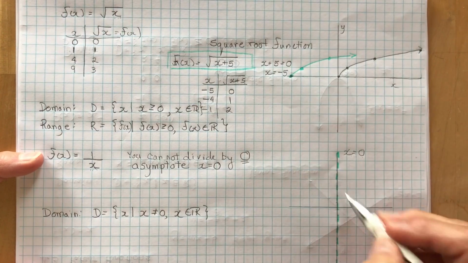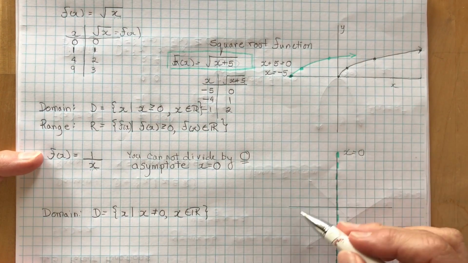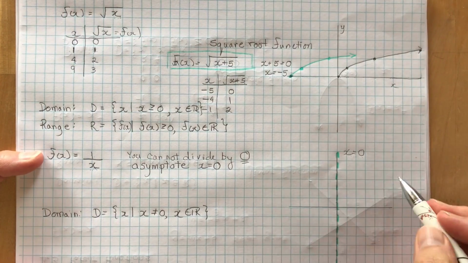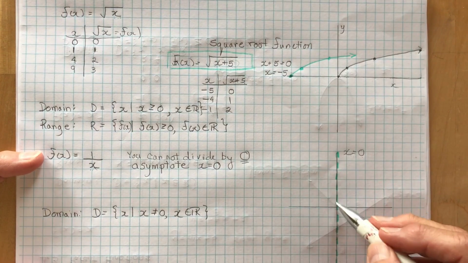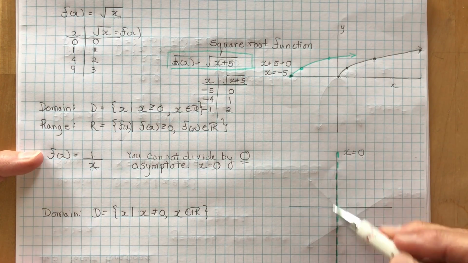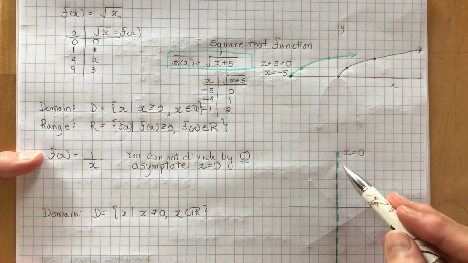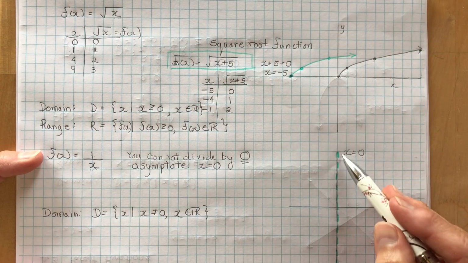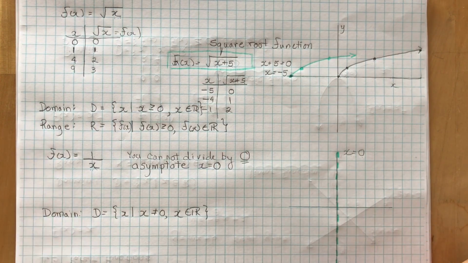So that means that my function is going to be in these other quadrants somewhere. We haven't defined that yet, but it's going to be in here. And I'm not going to cross this line. You can never cross a vertical asymptote. When you get into higher math, you'll find you can cross horizontal asymptotes, but never a vertical one.